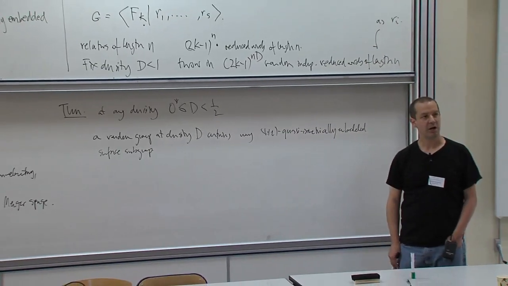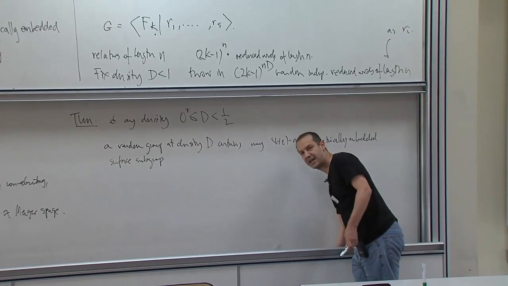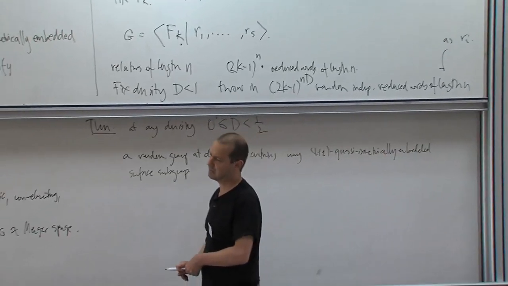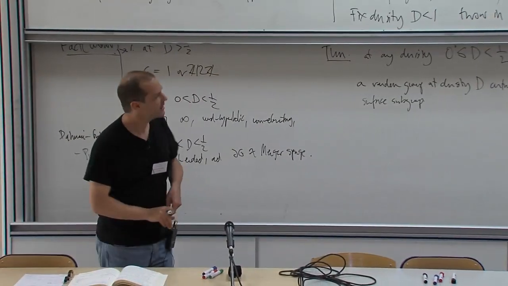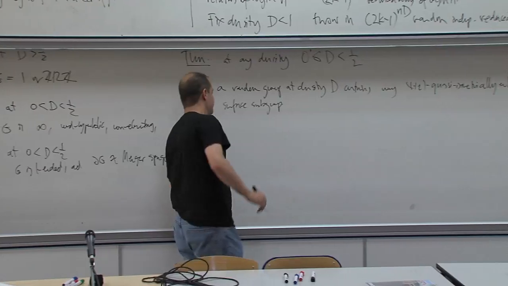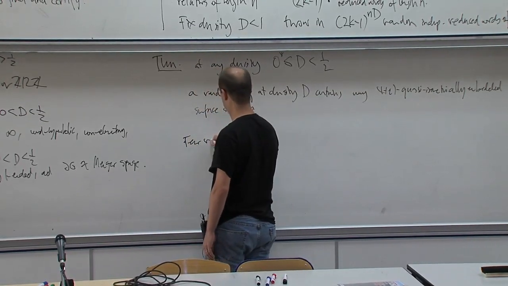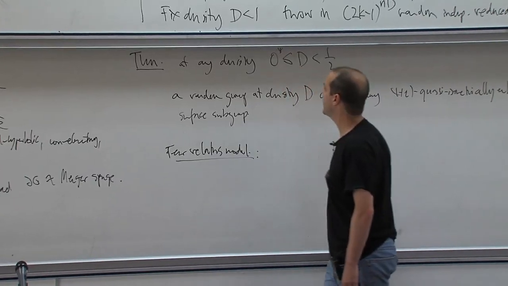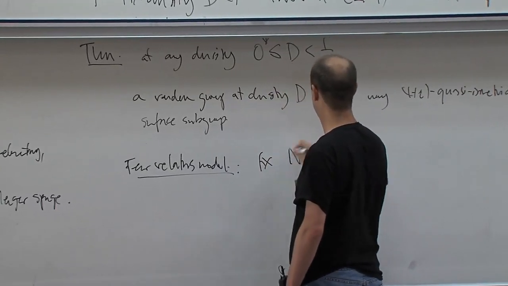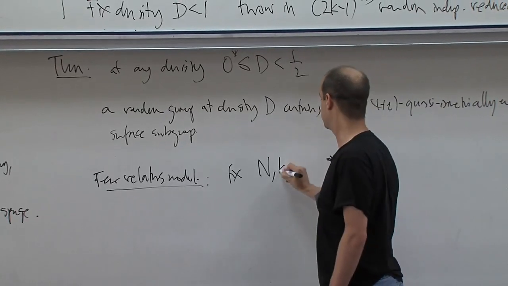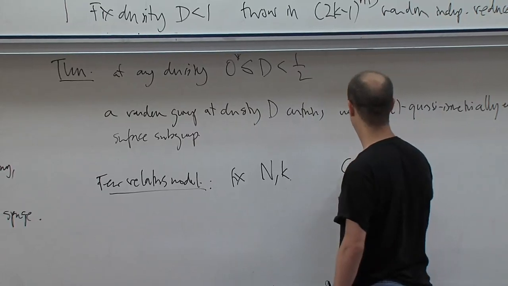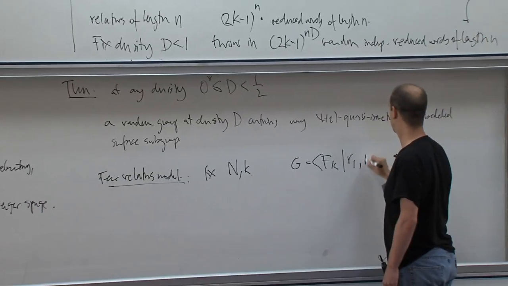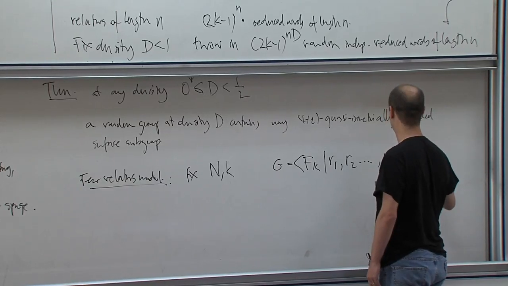There's another model of a random group, which is called the few relators model, which Richard talked about in a way earlier on in the week. So this is a different model where we fix some constant number, little k, and we let G have k generators and capital N relators.